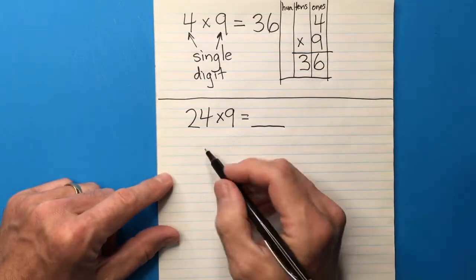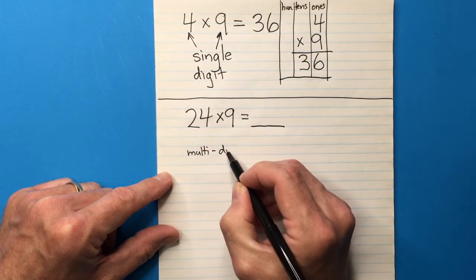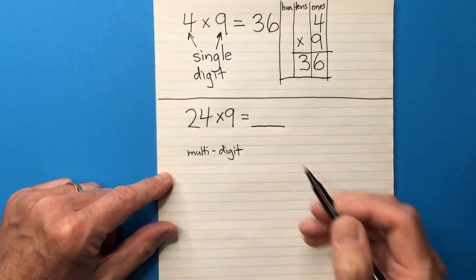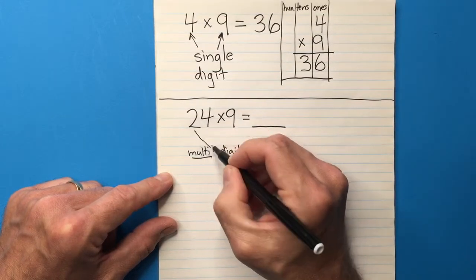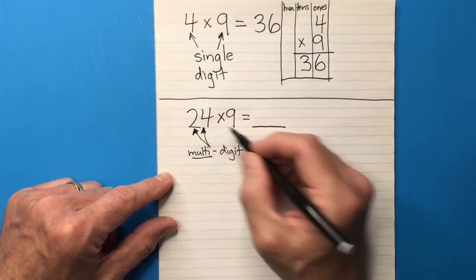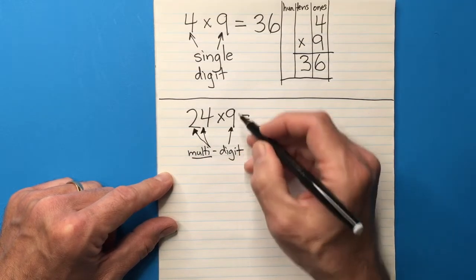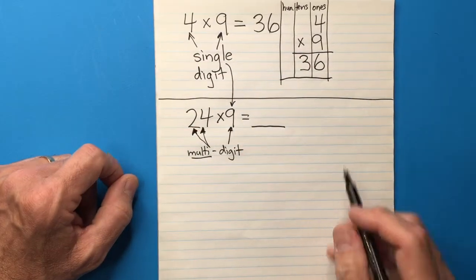So now we're into multi-digit multiplication. Multi means more than one. So this 24, there are 2 digits in the number 24. That's a bigger number. Yes, 9 is still a single digit, but these are multi-digits.